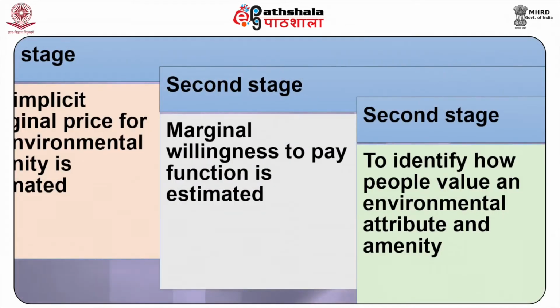In the first stage, the implicit marginal price for an environmental amenity preferred by the households while selecting a residential property is estimated. In the second stage, the marginal willingness to pay function is estimated to identify how people value an environmental attribute and amenity.